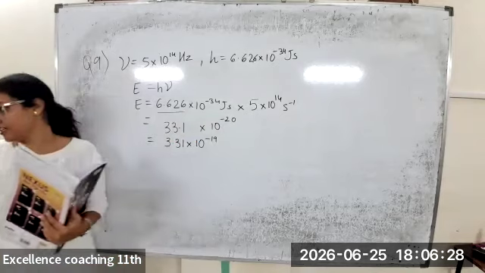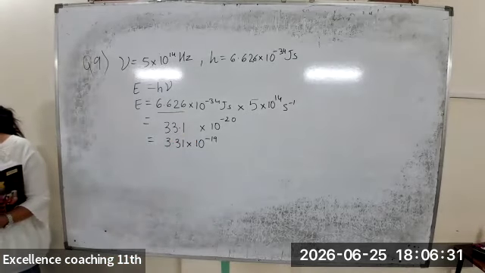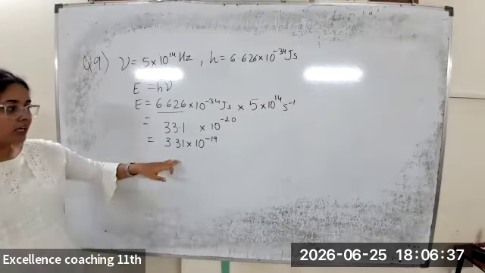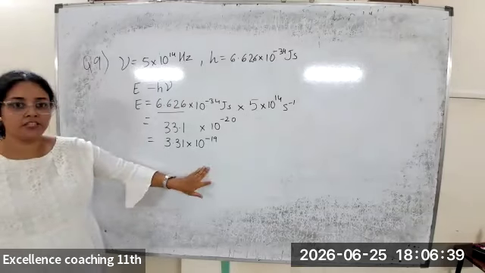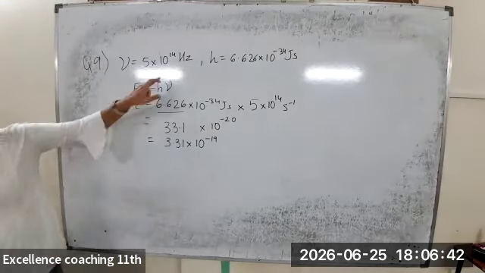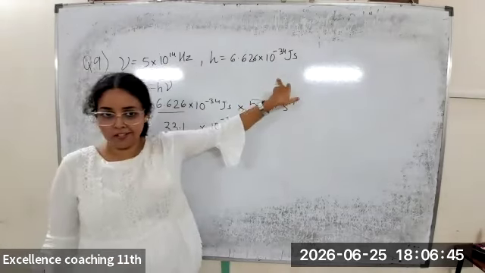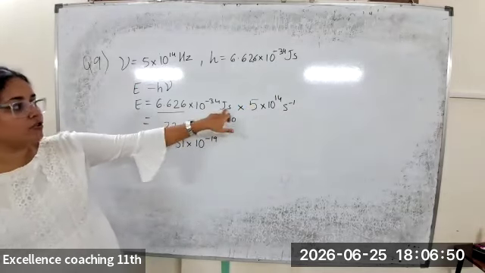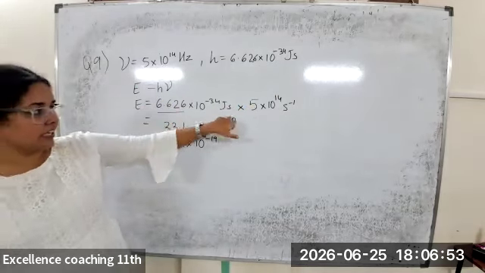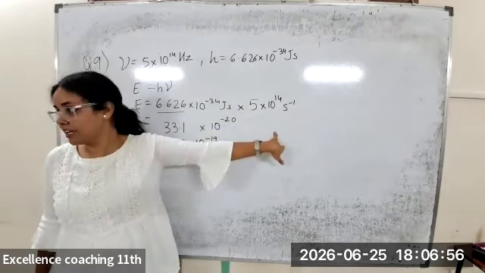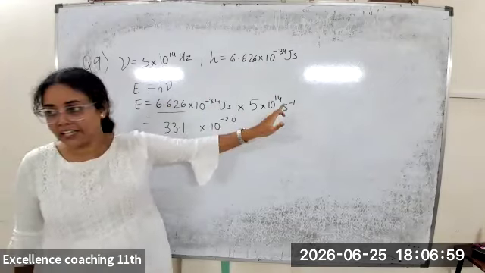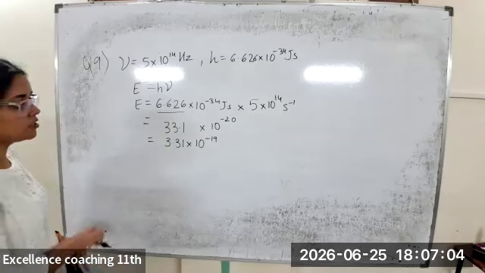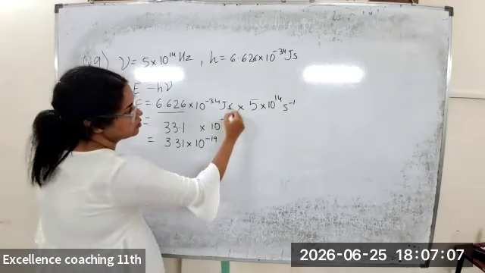What will be the units for this? Calculate. At times it becomes difficult, but when you solve, take the units mentioned and multiply them along with the numbers. Here I have taken joule second because H is joule second, and hertz I have converted to second inverse. So this and this will cancel out, plus 1 minus 1. How much will I get? Joules.